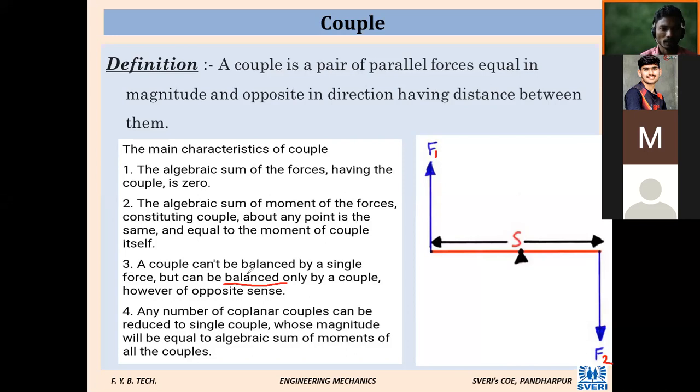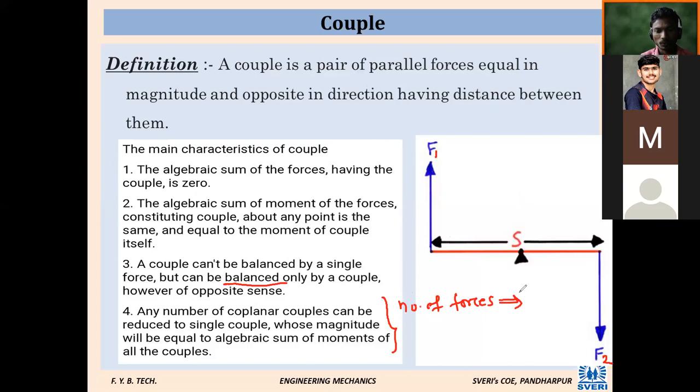Then any number of coplanar couples can be reduced to a single couple whose magnitude will be equal to the algebraic sum of the moments. It is simply like a resultant. The way we have seen, the x component of the resultant is equal to the summation of all x components of forces in the system. Likewise, any number of coplanar couples can be reduced to a single couple. In the concept of resultant, a number of forces can be shifted to a single force.